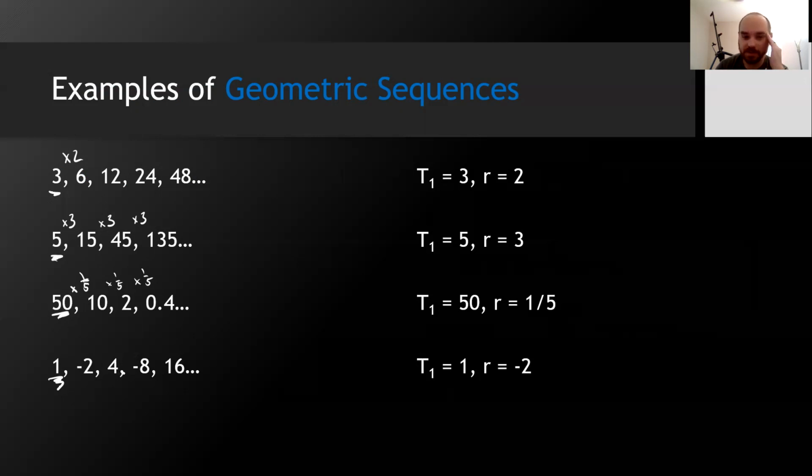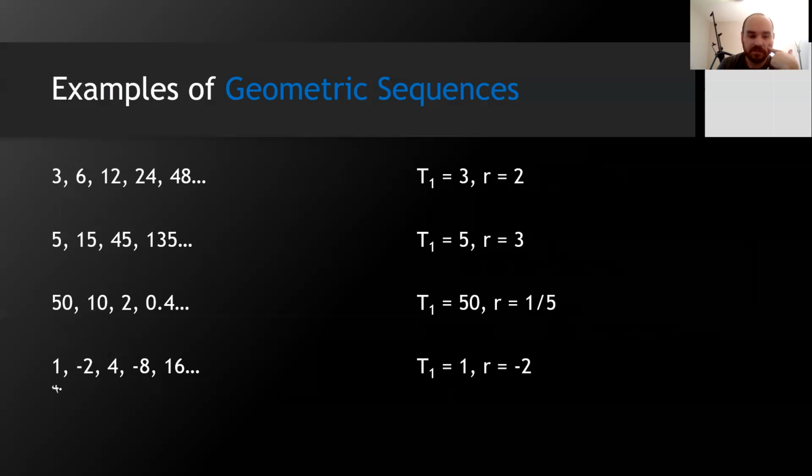Now, this one I wanted to bring up just as an interesting side note. So our first term is obviously 1. And then you'll notice this goes to -2. So we multiplied by -2. That's the only thing you can do to get from 1 to a different number. You multiply by whatever the number is. So we have -2. And interestingly, when your R value, or your multiplier, is negative, every other term is going to be negative, and every other term is going to be positive.